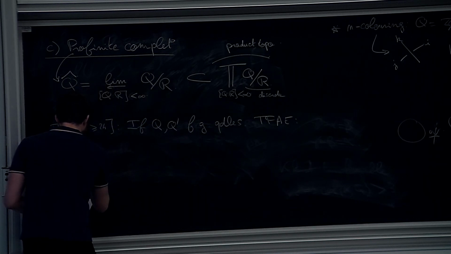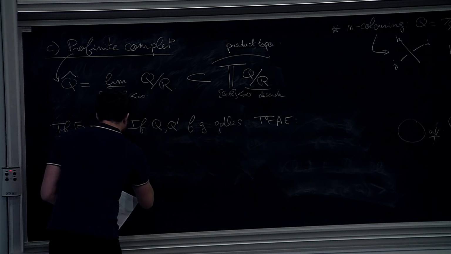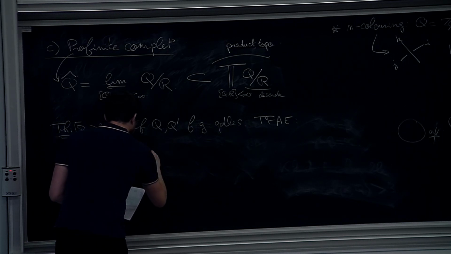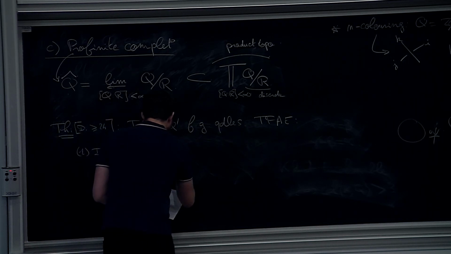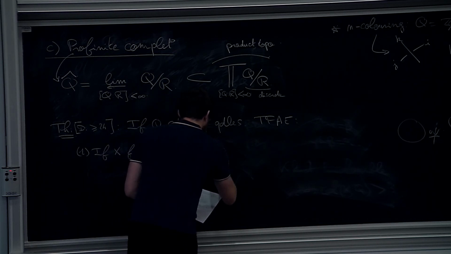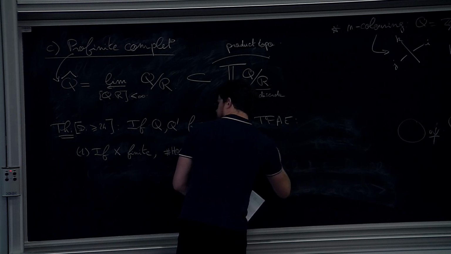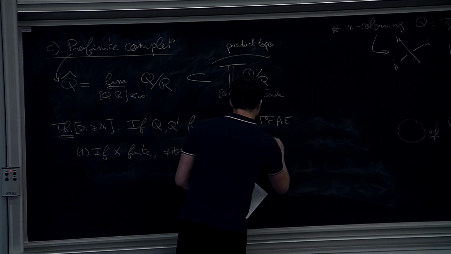The first one is that if X is a finite quandle, then the number of morphisms from Q to X is the same as the number of morphisms from Q prime to X.